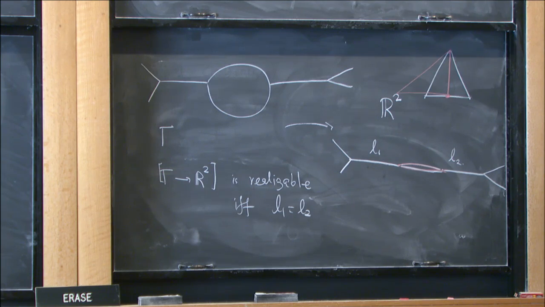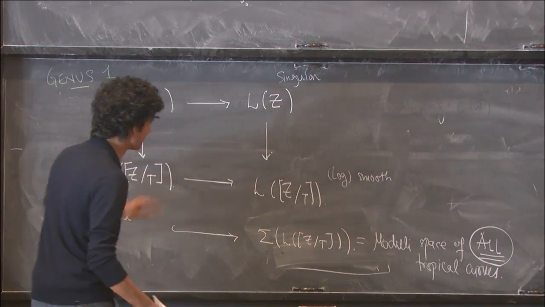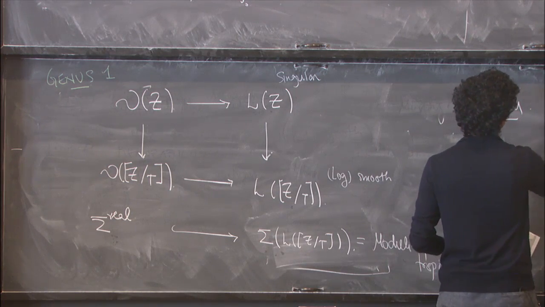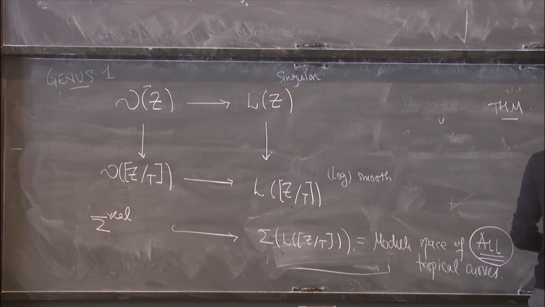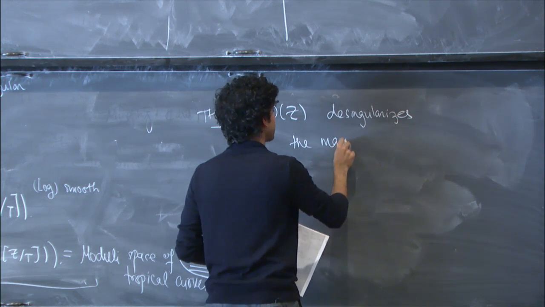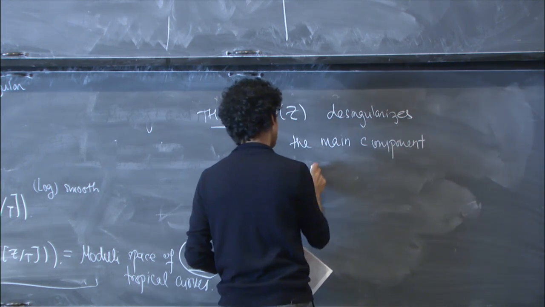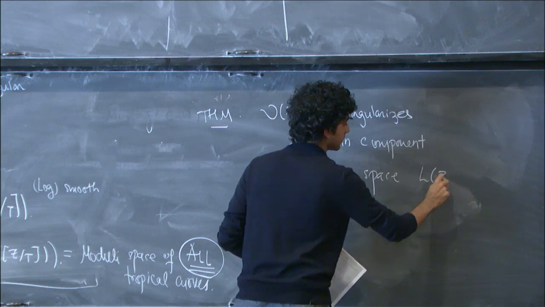You can pick out sort of the locus of things here that, right, OK. Form the fiber product. And then the theorem is that V of z desingularizes the main component of the Abramovich-Chen-Gross-Siebert space. This thing I wrote down earlier.